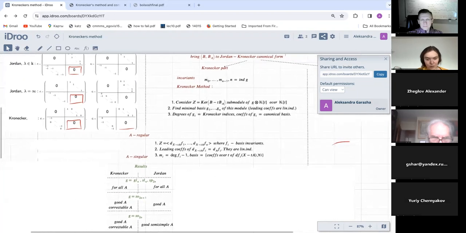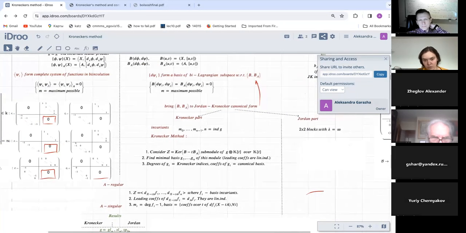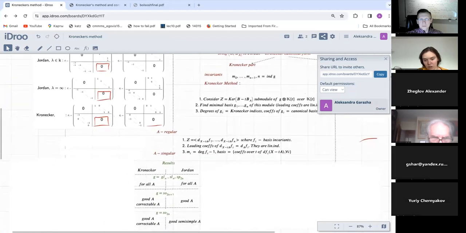So these coefficients form a basis of the Lagrangian subspace. So we solved this problem from linear algebra, and now we have to make the last step: to integrate these functions. Here we have coefficients of differentials, and now we have to integrate them.